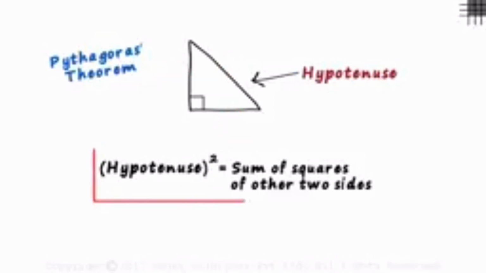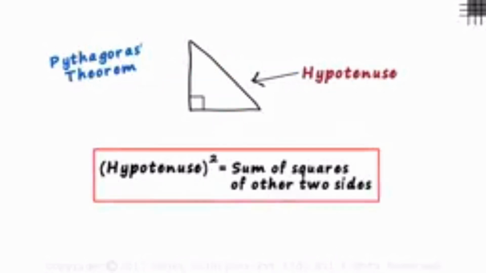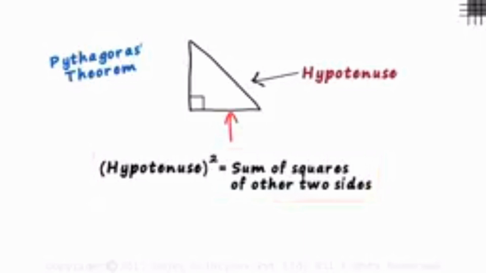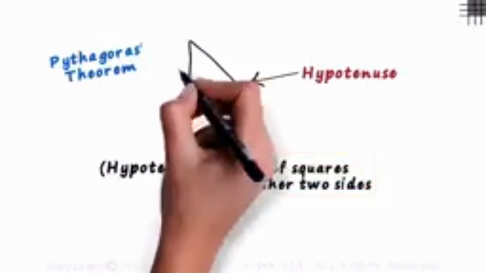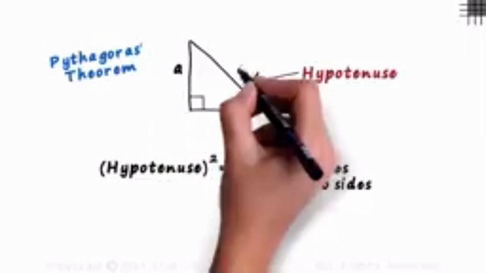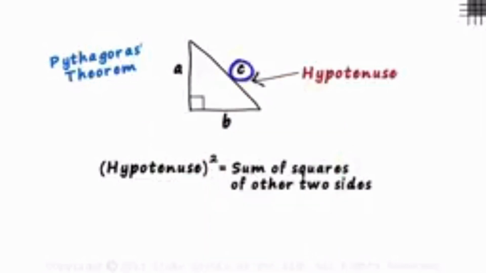Remember, it holds true only in the case of a right triangle. So the theorem says that for any right triangle, the square of the hypotenuse is equal to the sum of the squares of the other two sides. Let's say the lengths of the sides are A, B and C. C is the length of the hypotenuse.